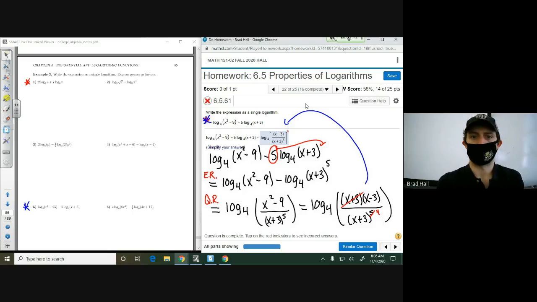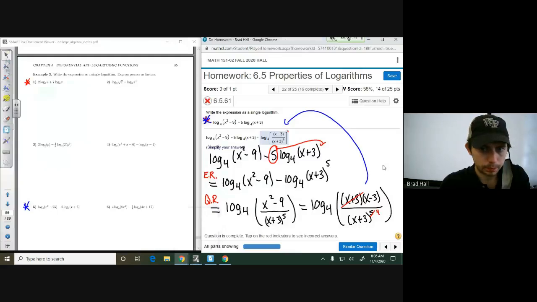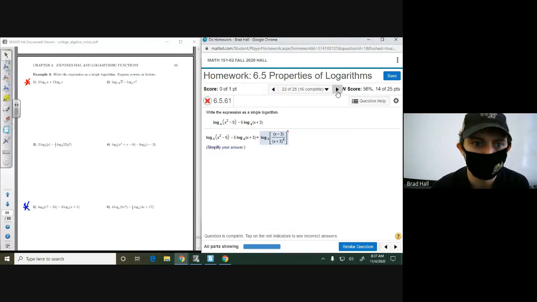And that would be writing a bunch of logs as a single logarithm. So we'll go ahead and move on to the final parts.